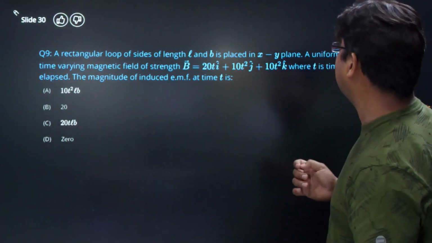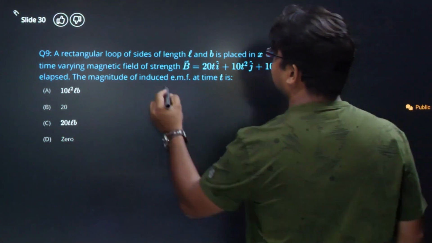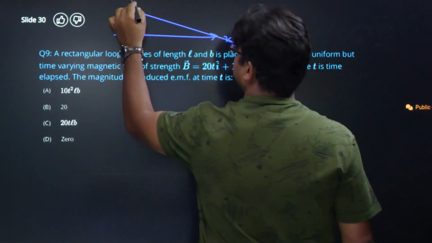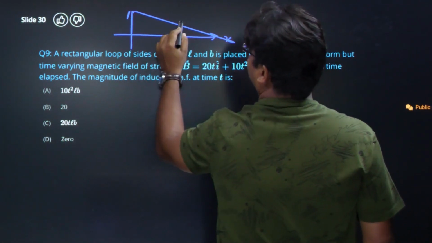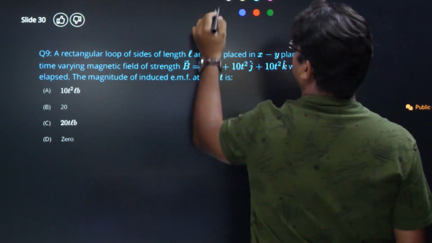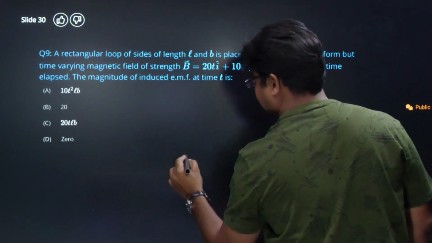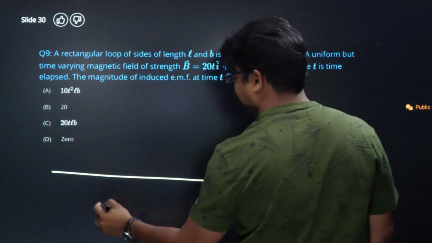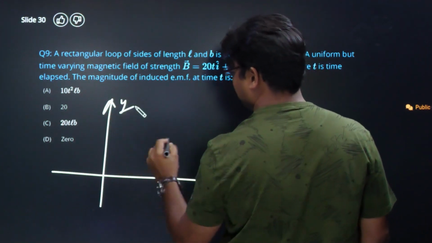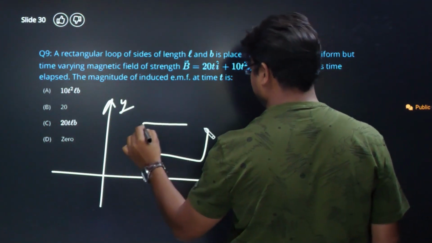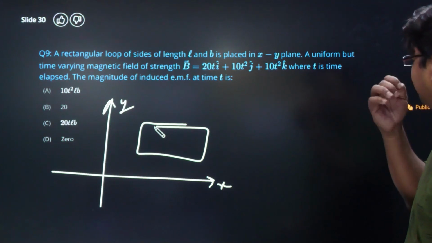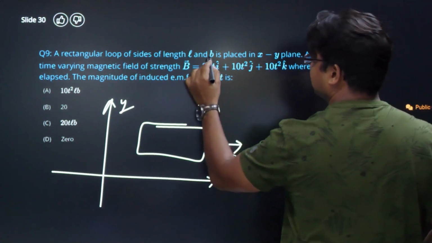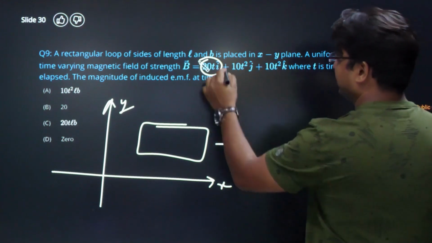Alright, guys. So we have kept a loop in the XY plane. Let's say this is the X axis, and let's say this is the Y axis. Now the magnetic field has an X component, this much. This will not contribute to the flux, ignore this.